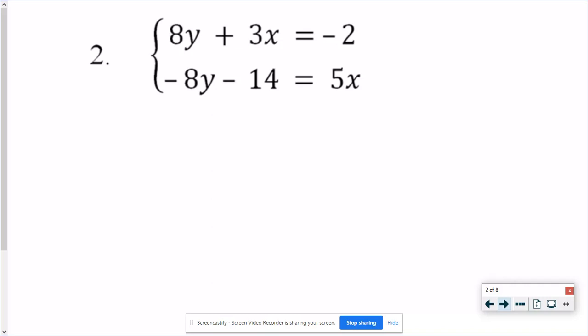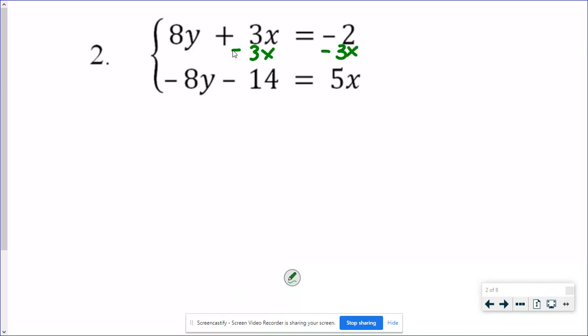In fact, in this problem, I would maybe even, instead of trying to get my x's all on the same side as my y's and my numbers on the other side, which you certainly could do, we could also just take both of these and get the 8y and the negative 8y to be alone on one side of the equal sign. It's just an option for how we can solve this. So I could subtract 3x.